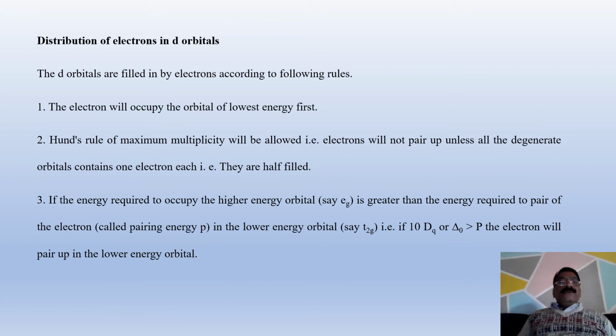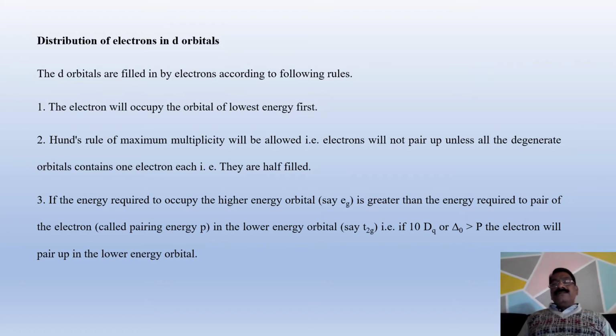Distribution of electrons in the d orbitals. The d orbitals are filled by the electrons according to the following rules. First, the electron will occupy the orbital of lowest energy. Second, Hund's rule of maximum multiplicity will be followed.